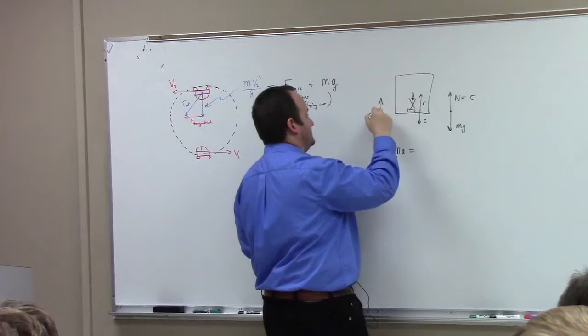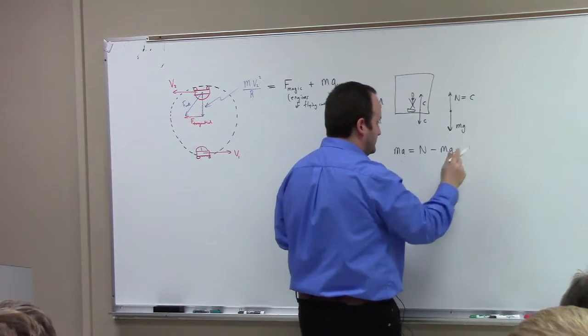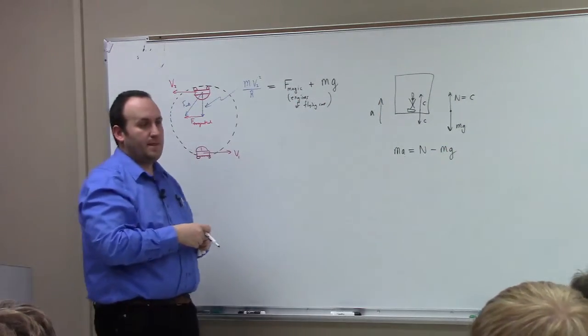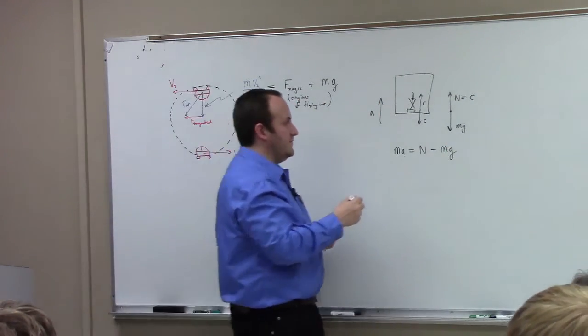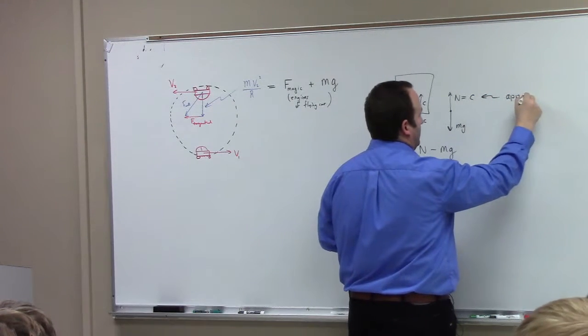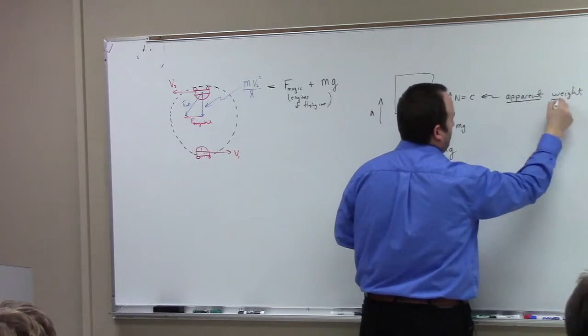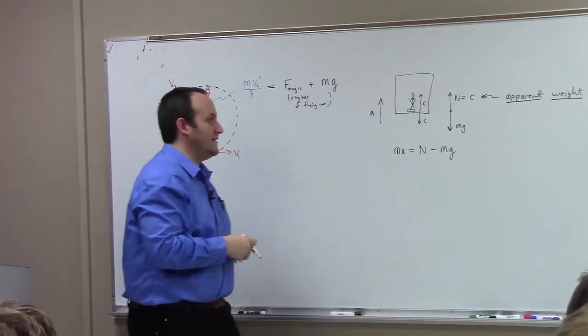Up positive, all right. So then we've got normal force minus mg, right? But this normal force is really the apparent weight, right? That's a better example to think about apparent weight, I think, to get started.